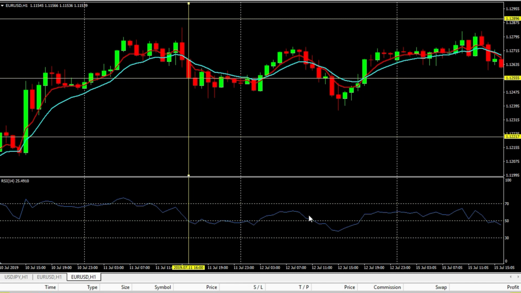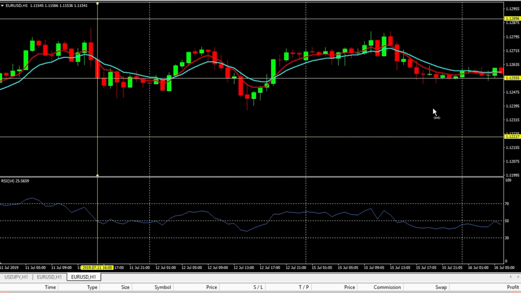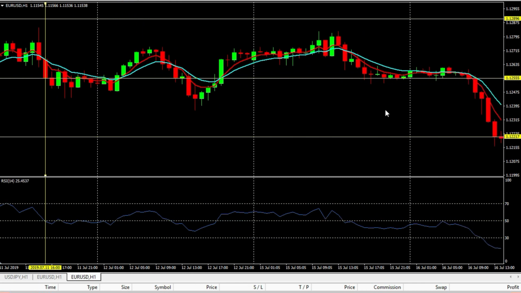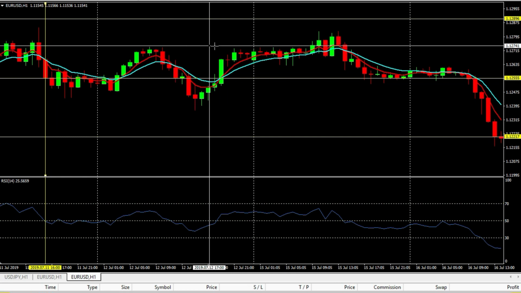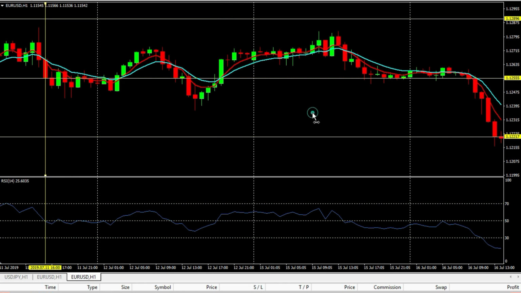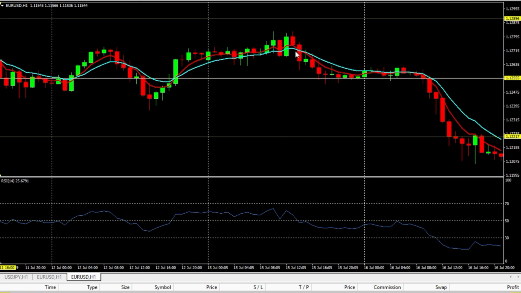So we continue. If you're following the RSI, let's have a look at what happens here. The market goes into the next day. The first day we saw just consolidating; the highest high and the low was 37, so it moved only 37 pips, and the next day it went up and we got the profit here.